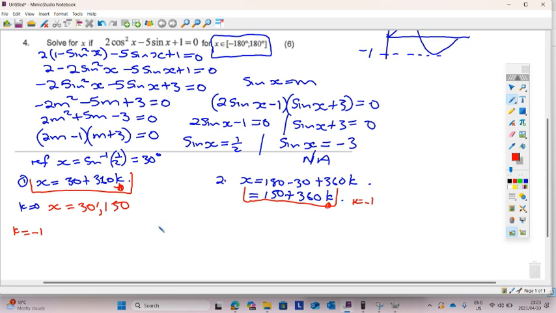I think those are the only two values that we have for k. So whenever you have something like this, always give the specific values. You don't stop with the general solution. All right, that's all for now.